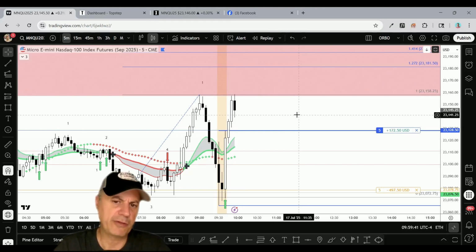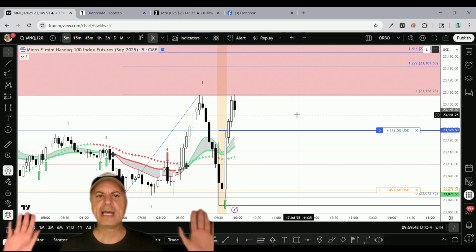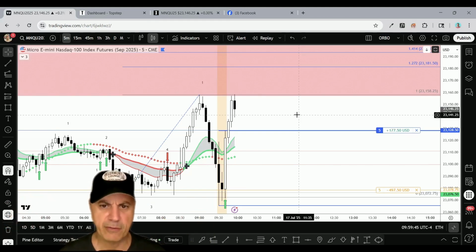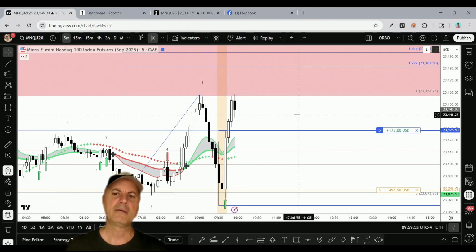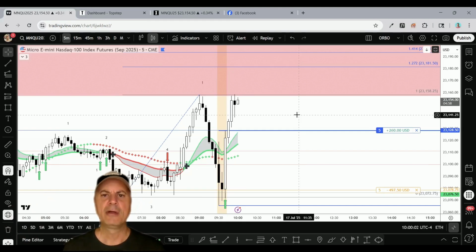We have to allow it to do what it's going to do. We can't control what it's going to do, but we can manage targets. We can manage the risk. As of right now, we have to allow for some sort of shallow retest.